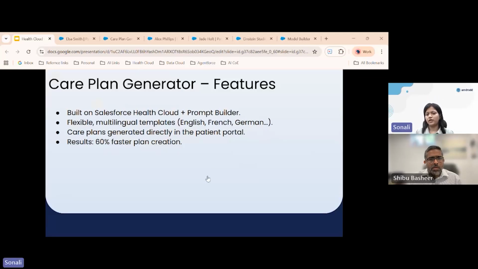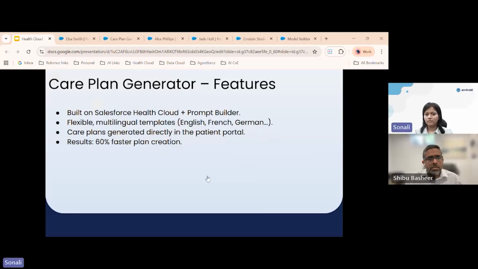As we discussed earlier, patients can have their own portal, right? So this means patients don't just get a plan handed over to them on paper. They can see their plan in their own portal, in a language in which they are comfortable, that they can understand and follow. So that's a key feature of the AI-generated care plan.